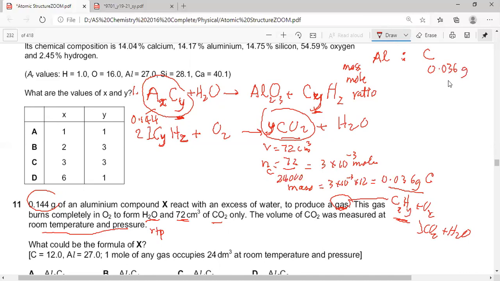So aluminum would be 0.144 minus 0.036. Okay, carry 1 here is 8, here's 0.